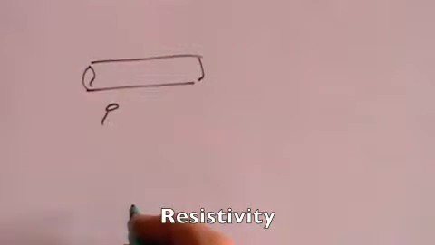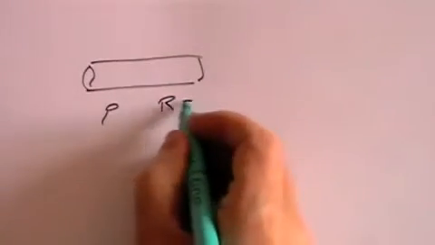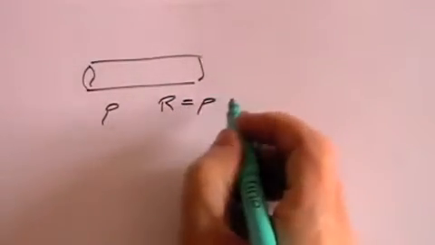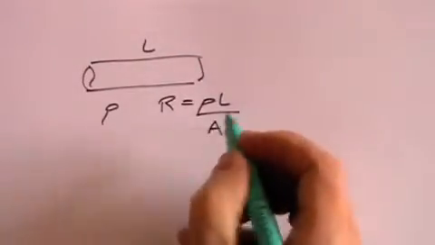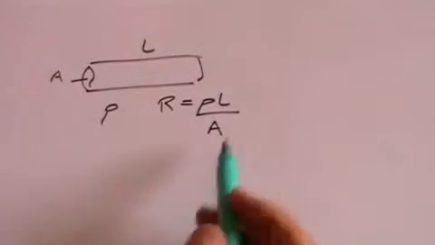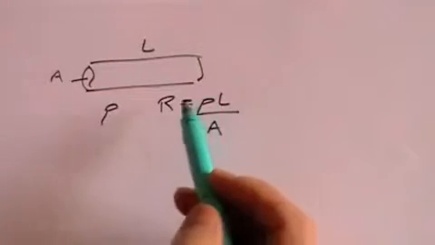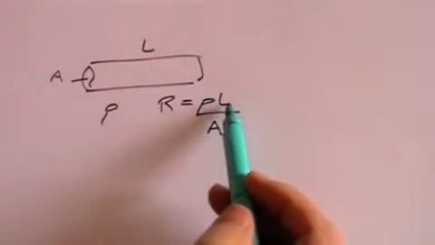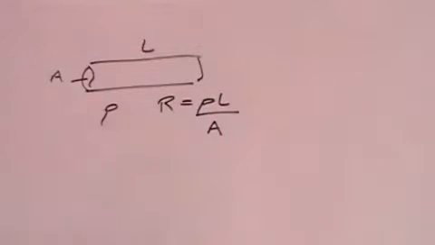Resistivity is usually given by the Greek letter rho, and the resistance is equal to resistivity times the length of the material divided by the cross-sectional area of the material. So the greater the cross-sectional area, the lower the resistance. The longer the length, the greater the resistance.